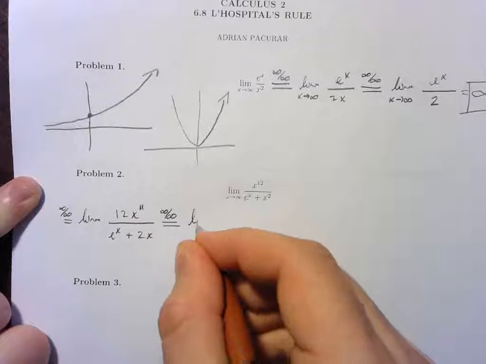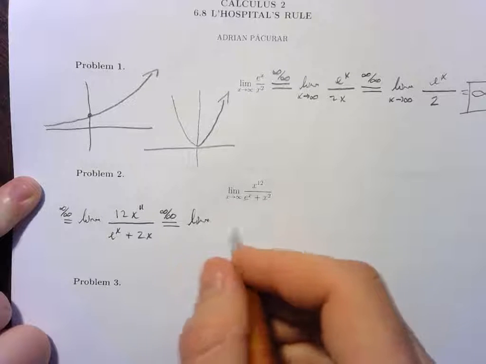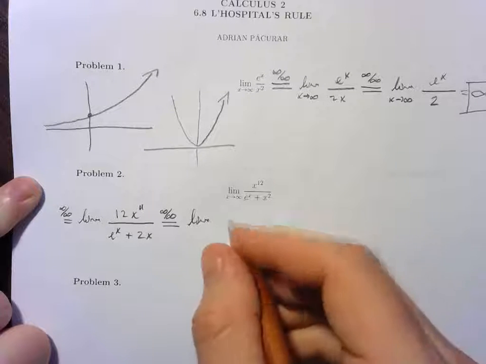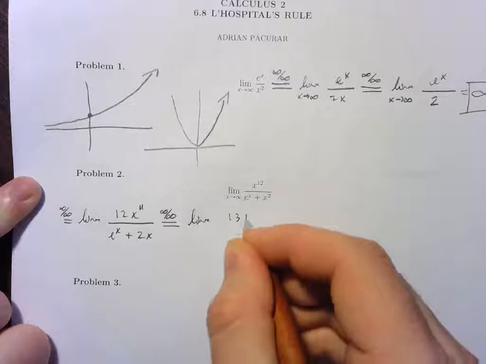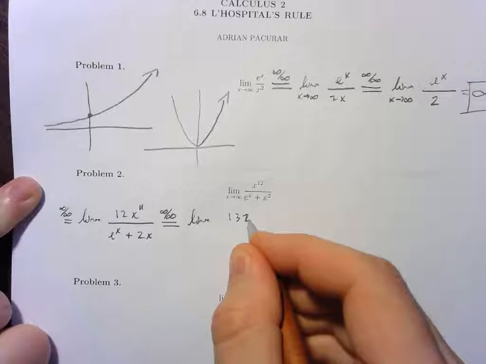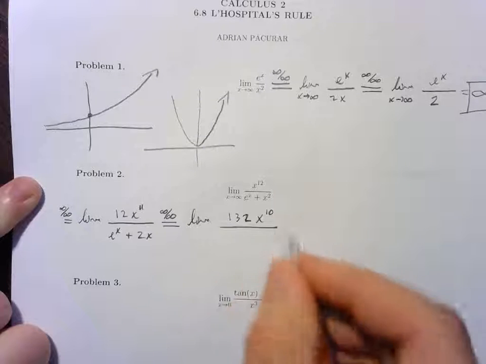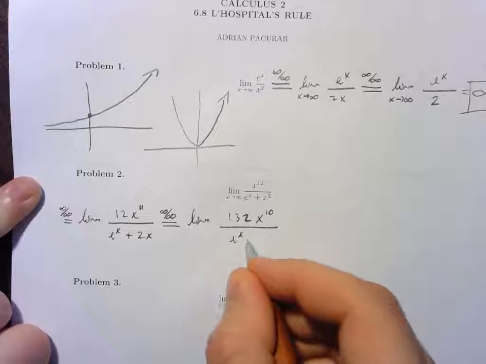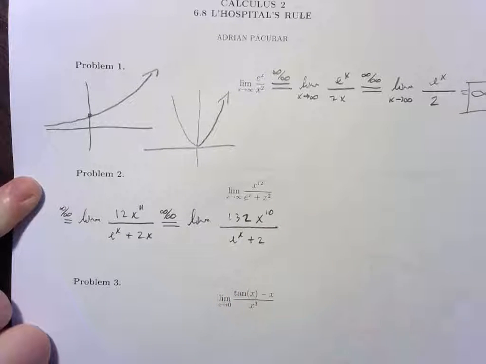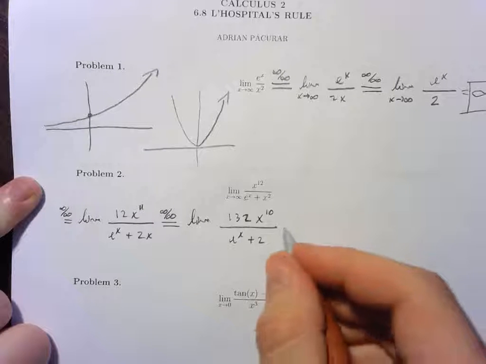So this is the same as the limit. On top, I have 12 times 11, which is 132 x to the 10th, divided by e to the x plus 2.